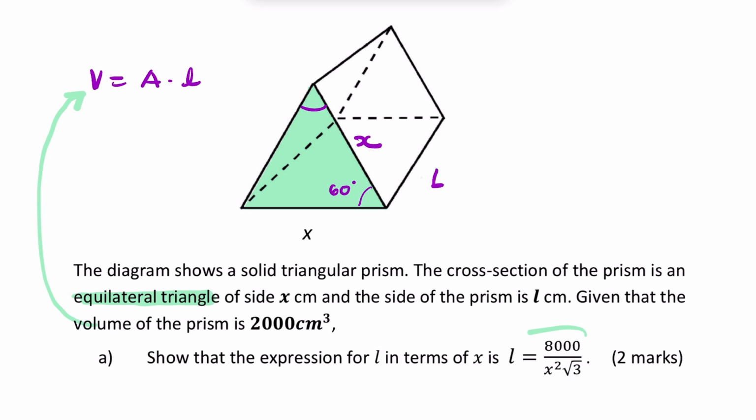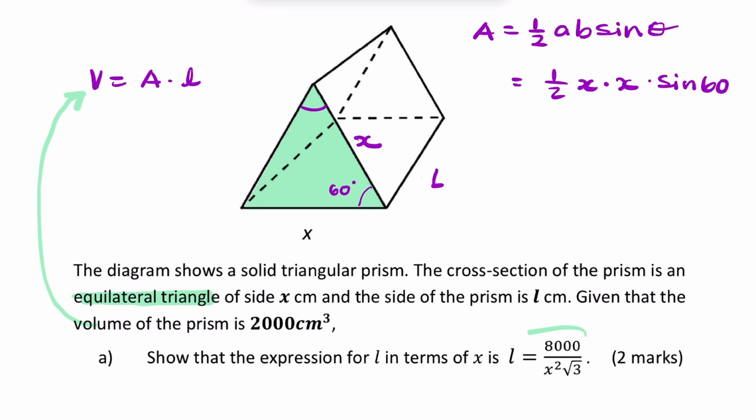Now remember, the area of a triangle is half AB sine theta. In this case, because it's an equilateral triangle, A and B are both going to be x. So it's half x times sine 60. So that's half x squared, and sine 60 is root 3 over 2.